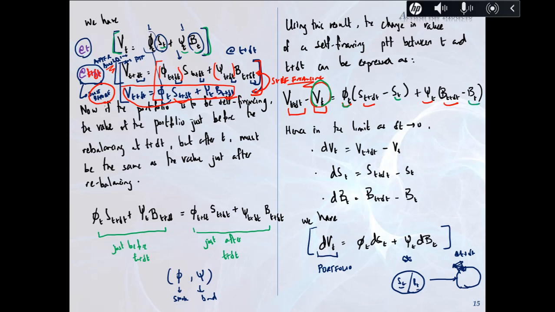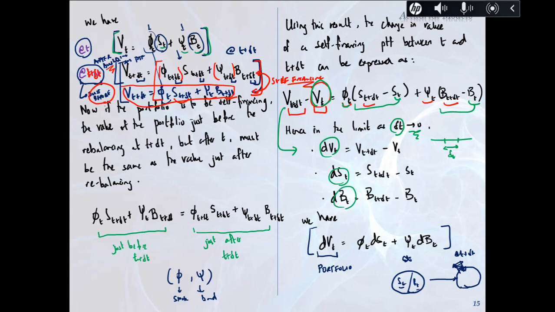Good. Now, when we take delta t, which is the time interval between the two investments, tending to 0, so an infinitesimally small time step, this is written as dVt, this as dSt and this as dBt.